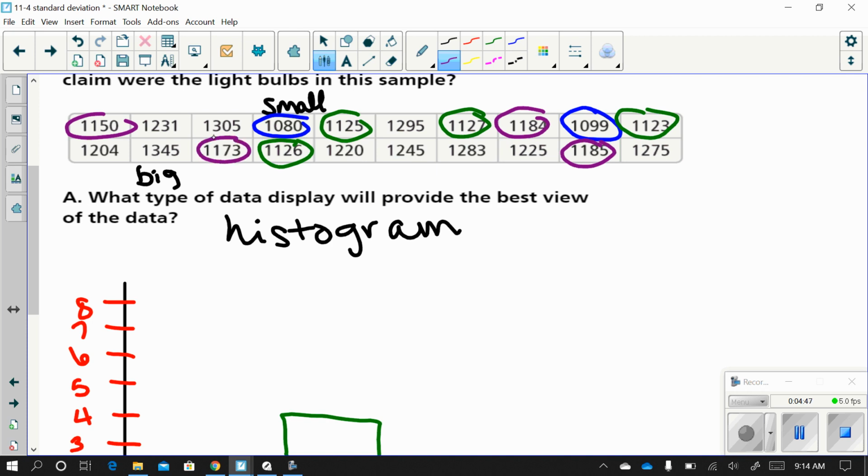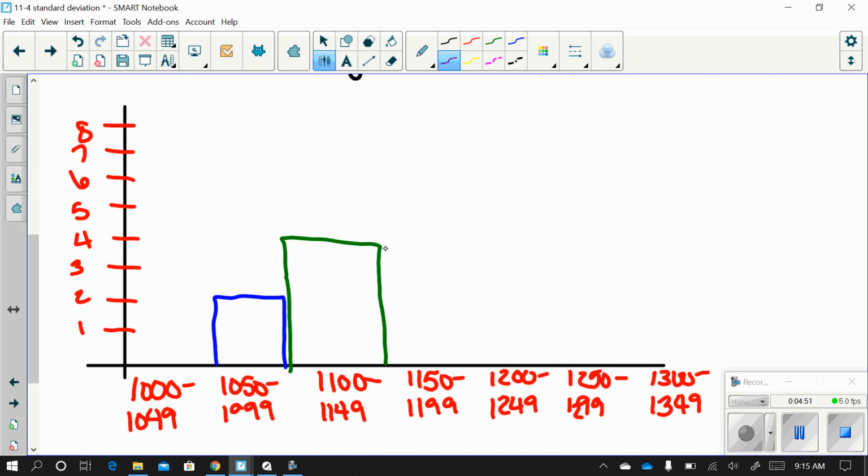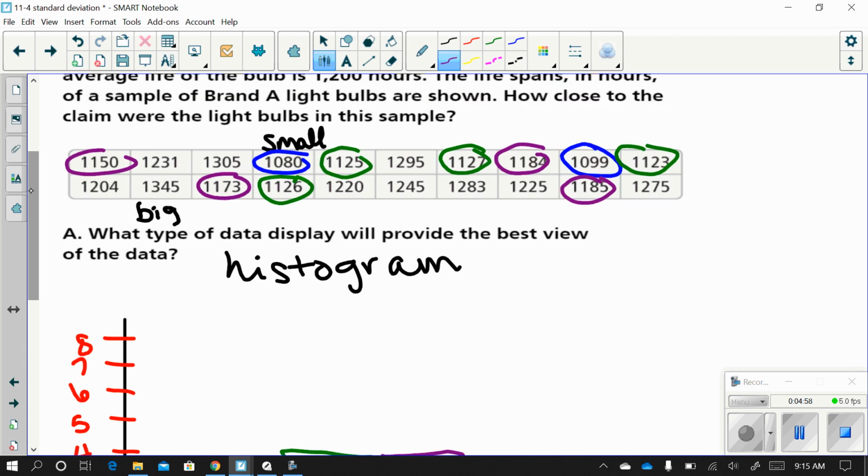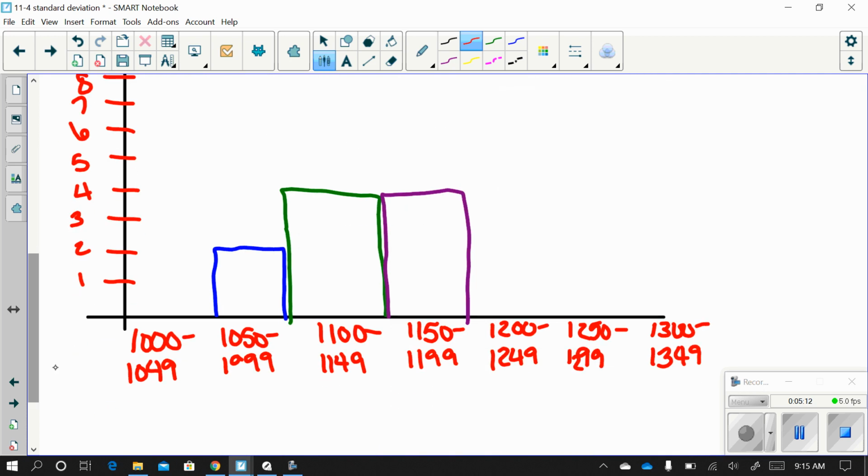One, two, three, 4 again. Okay, 1200 to 1249. One, two, three, four, five. So this bar goes up just a little higher.